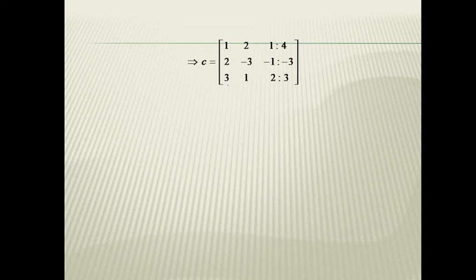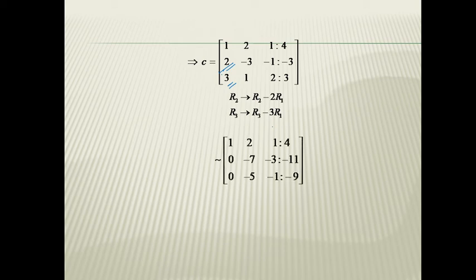Now we form 0 in the first column by using R1. Therefore, these are the row operations: R2 changes to R2 minus 2 times R1 and R3 changes to R3 minus 3 times R1. Now we get this.